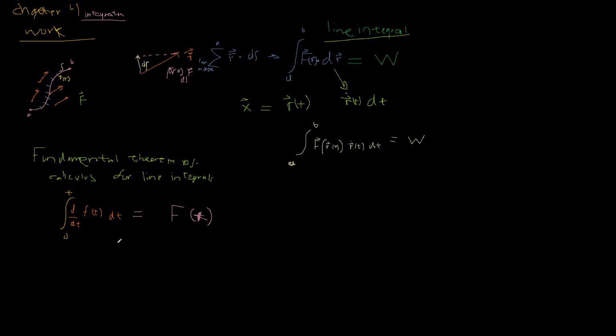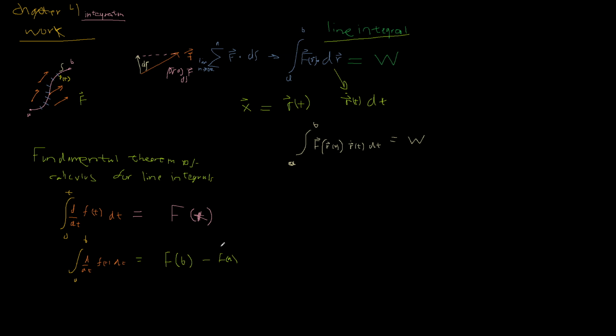More generally, if we have bounds a and b, then we have the exact same thing, and our answer is f of b minus f of a.